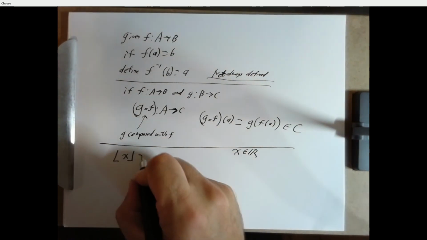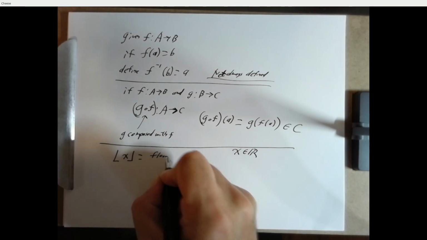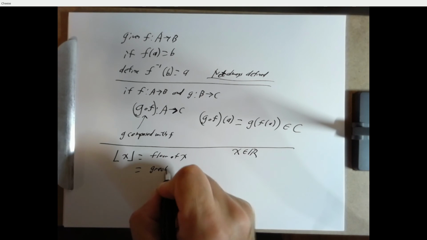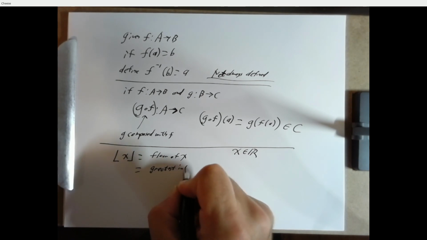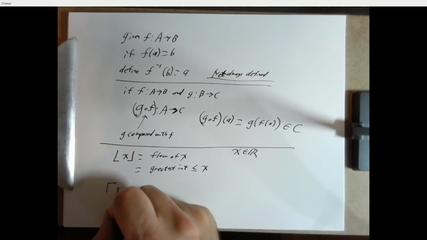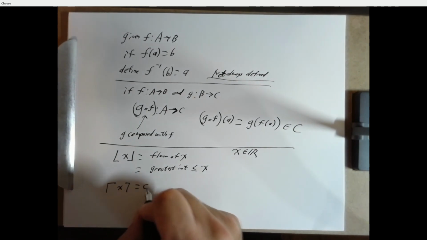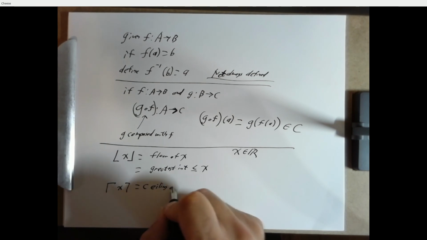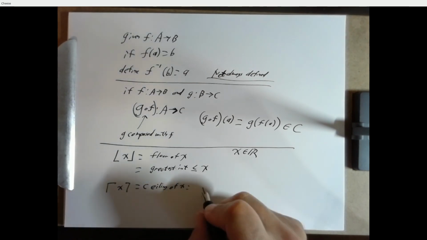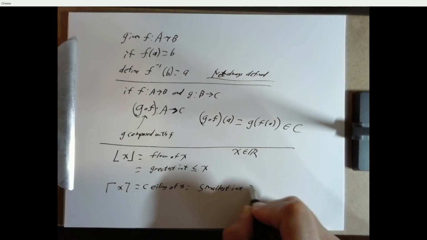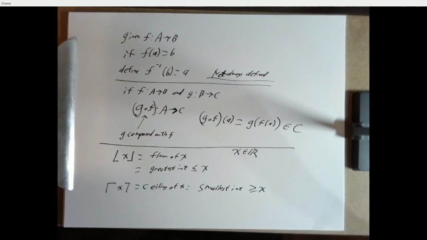So this is called the floor of x, and this is the greatest integer which is less than or equal to x. And if we write things like this, this is the ceiling of x, and this is the smallest integer which is bigger than or equal to x.